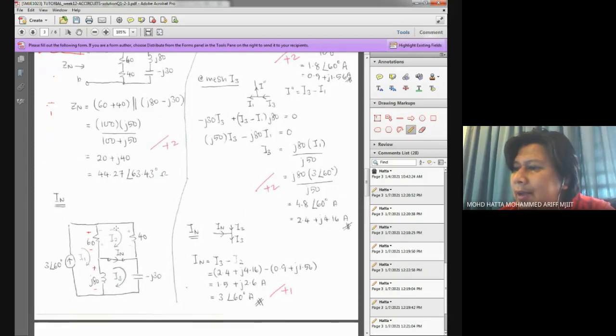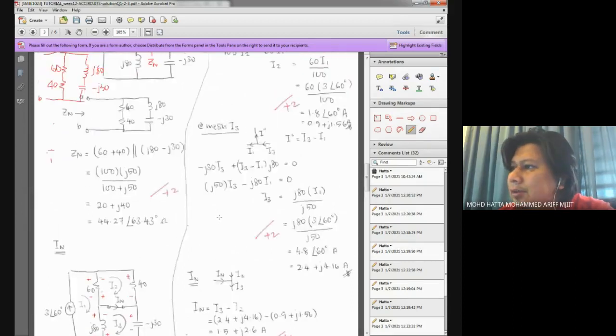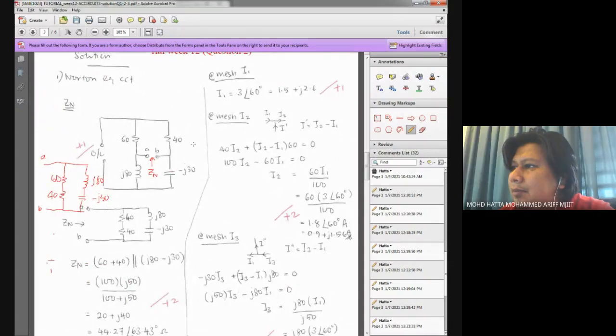For I2, since the current is flowing in this direction, this is positive, negative. Again, for this 60, this is positive and negative. And for the third mesh, this should be positive, negative, and flowing this way, this should be positive and negative.